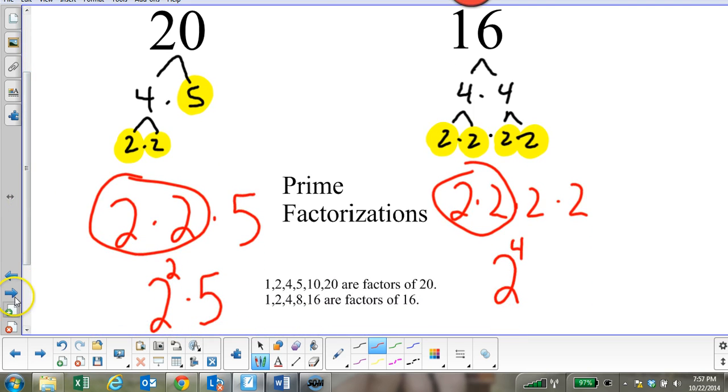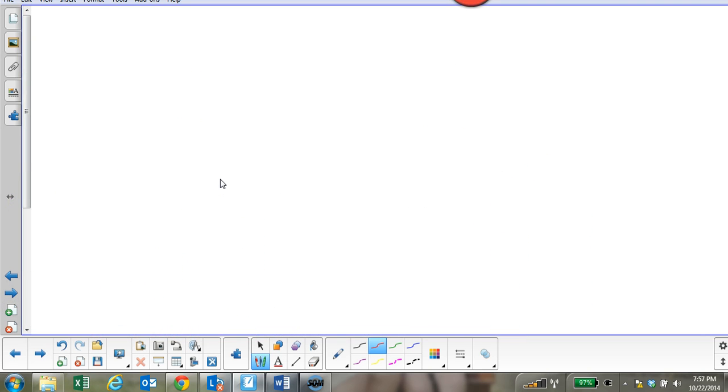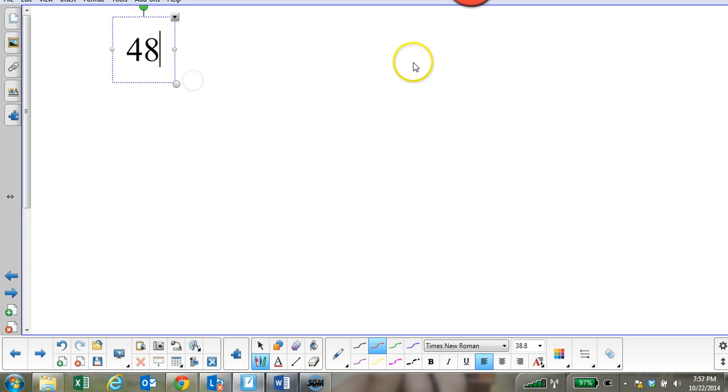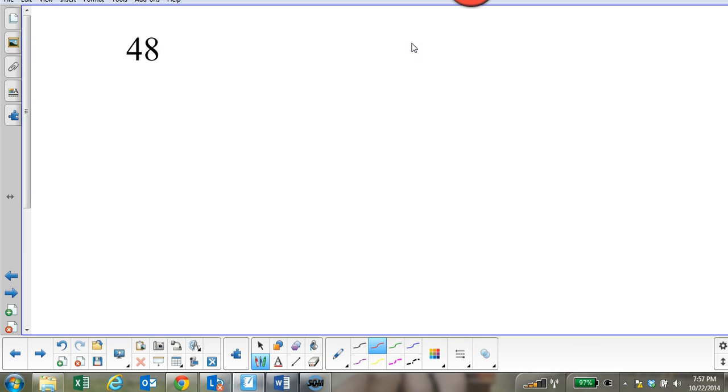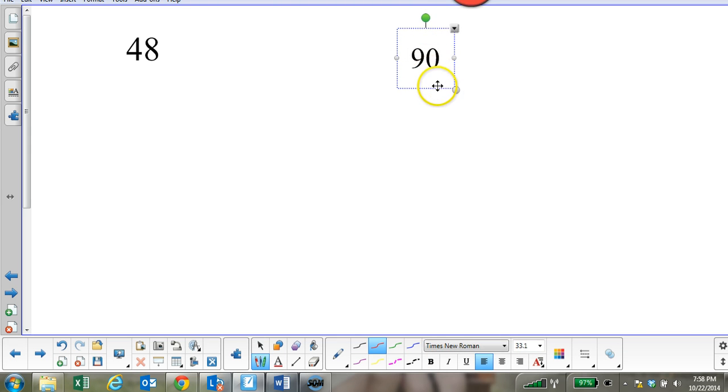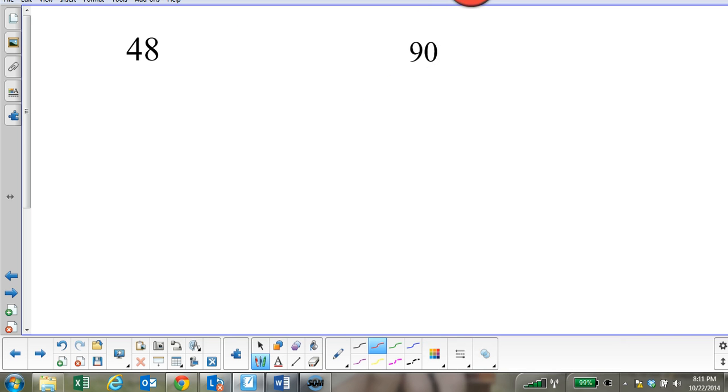I'm going to do another one here. Let's take the numbers 48 and 90. We might not know that one off the top of our head. Maybe we do. I don't know. So again, the factorization of 48, if I did that, I would probably do the two numbers closest together.